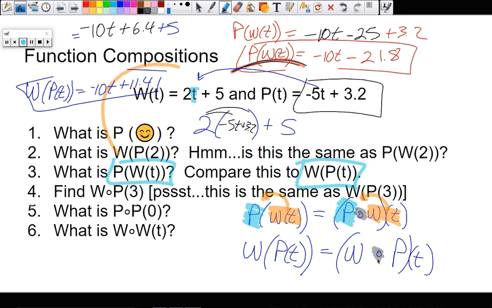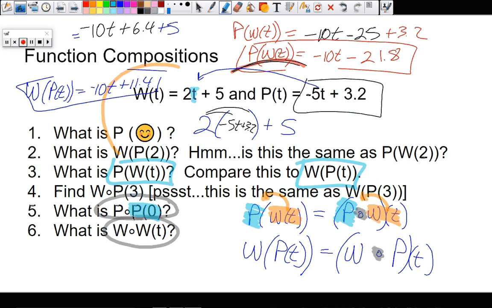Okay. Look at this. You can even do P of P. You can even do W of W. In other words, work with the same function and keep throwing it into the same function. Okay. Let's do this. What am I going to throw into P right off the bat? 0, right?